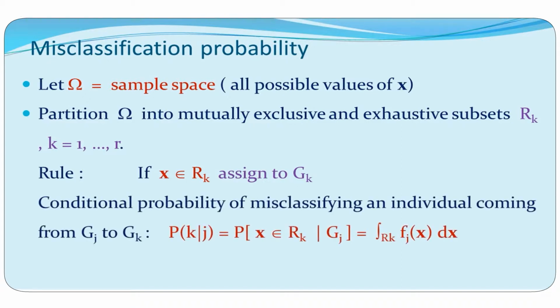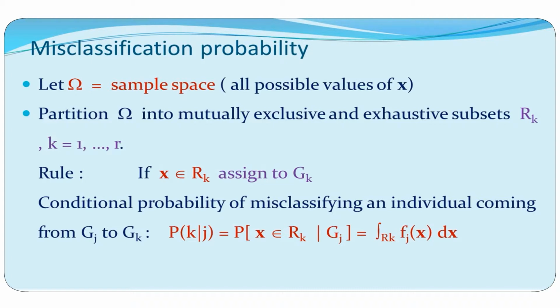In that case, the conditional probability of misclassifying an individual coming from the jth group Gj to the kth group Gk is probability of k given j, that is probability x belongs to Rk given Gj.